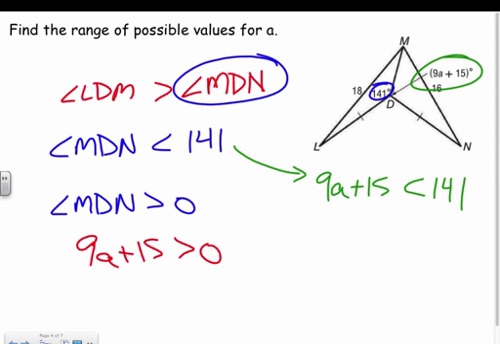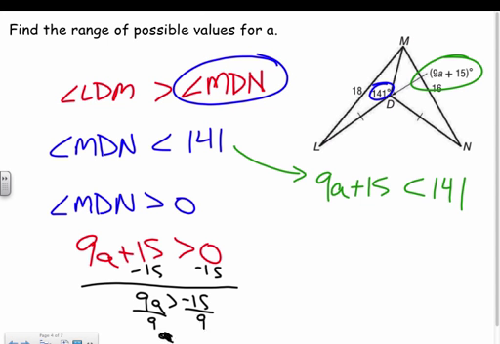And then I just solve each inequality. So we subtract 15, and I get 9a is greater than negative 15, and divide by 9. And here I get a is greater than, and I can just simplify that, negative 5 thirds.